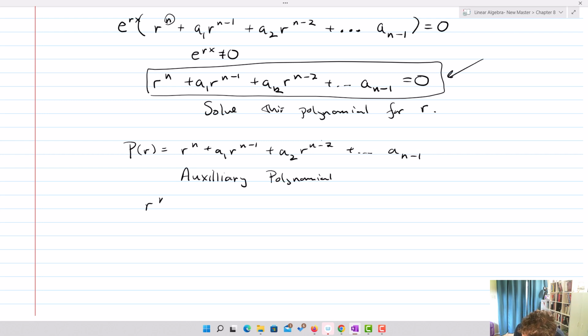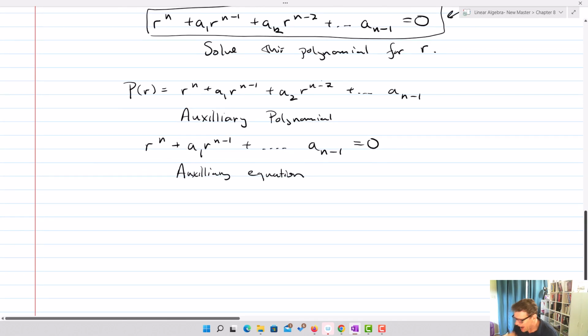And the equation r to the n plus a1 r to the n minus 1 plus, and then go all the way down to a sub n minus 1, so it's that polynomial set equal to 0, the one that we're solving, is called the auxiliary equation. Okay?